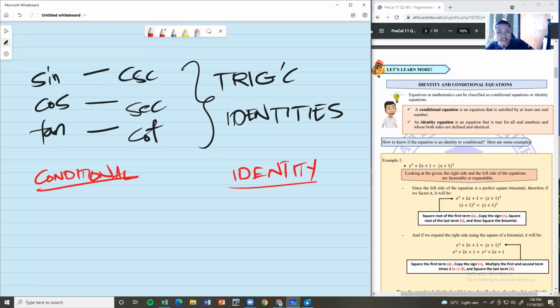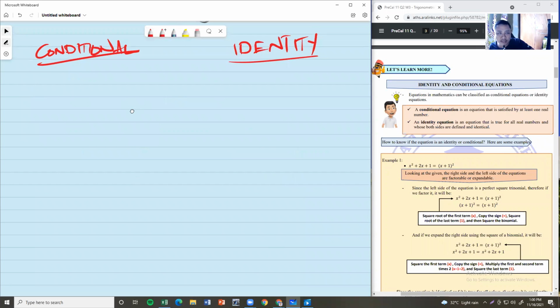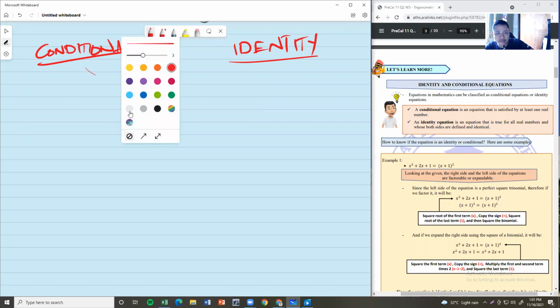So let's have a closer look at these 2 types of equation. Let's focus on this one. When we say identity, this is an identity equation.